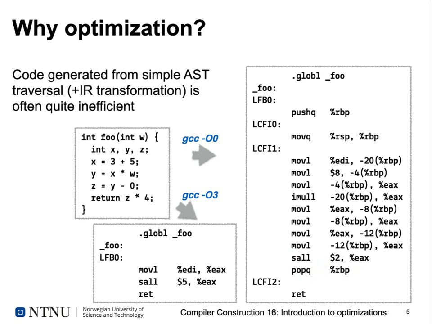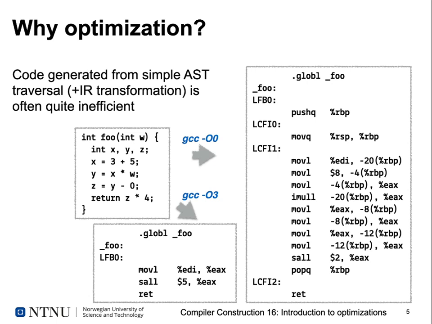So even though we told our compiler not to apply optimization, we've seen 3 optimizations already applied. It calculates 3 plus 5, it omitted subtracting 0, and it replaced the multiplication of an integer by 4 by a left shift of 2 positions. But there are obviously a number of optimization opportunities.